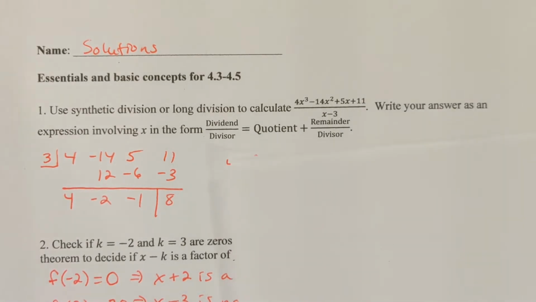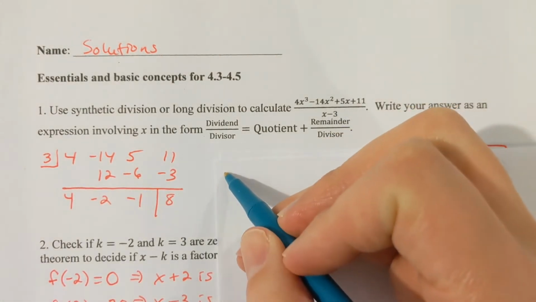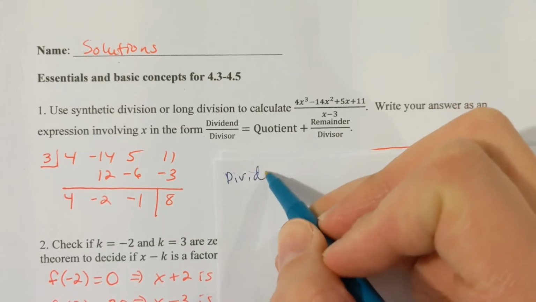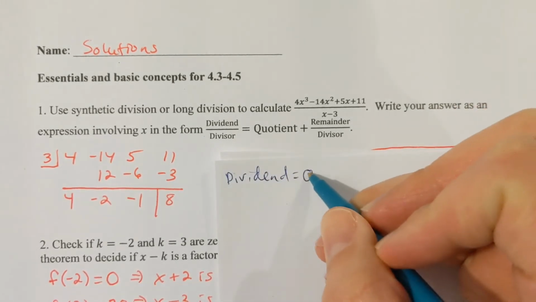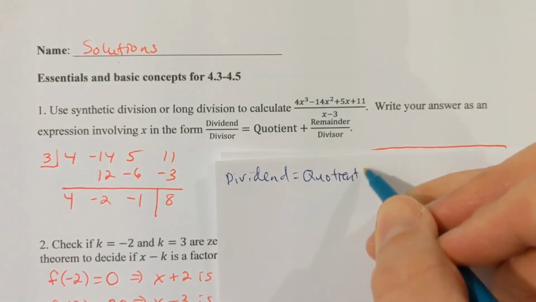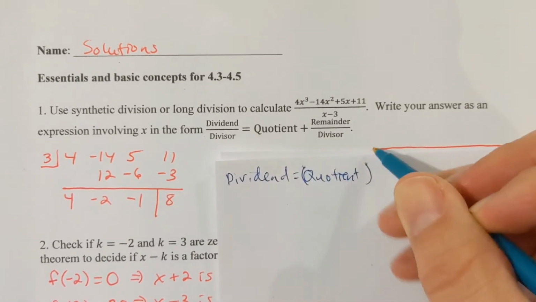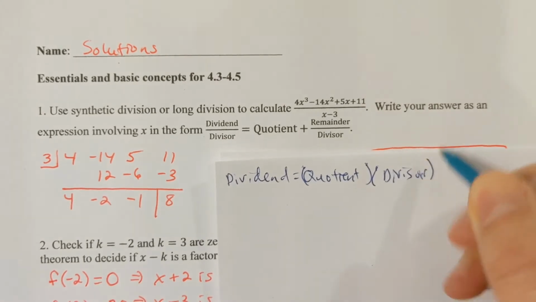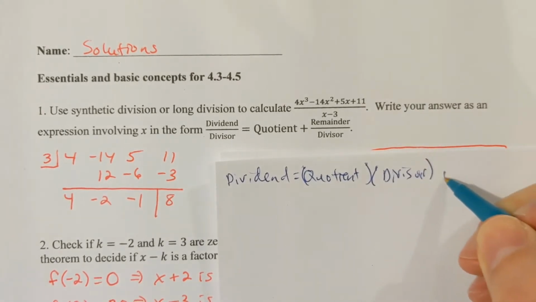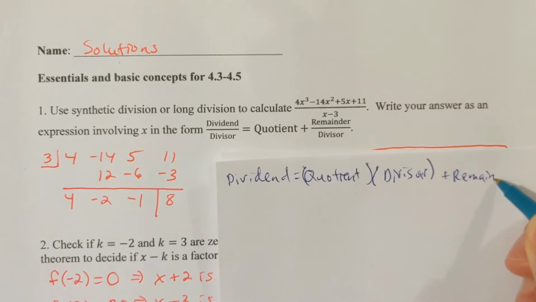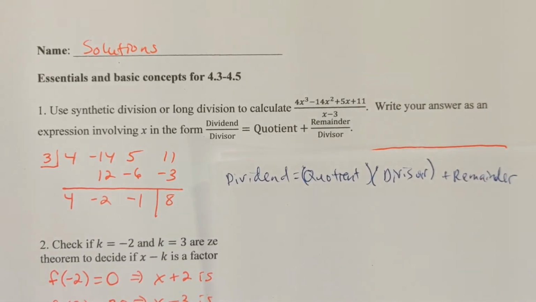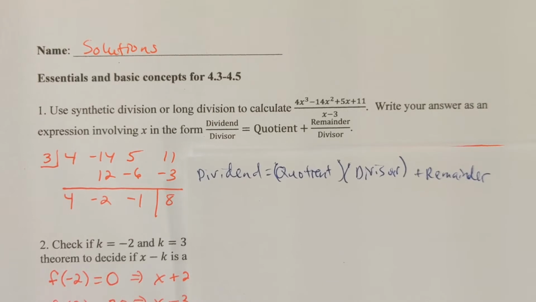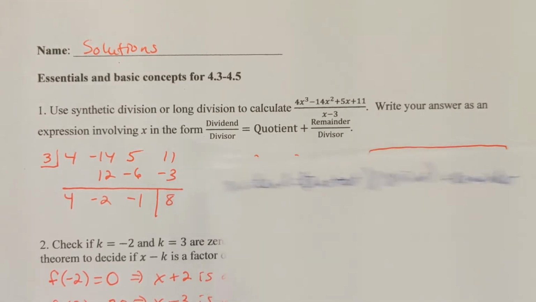In other words, the form that MyMathLab will want here is dividend equals quotient times divisor, and then plus the remainder. So just make sure that you're paying attention to the form that MyMathLab wants the answers written in.